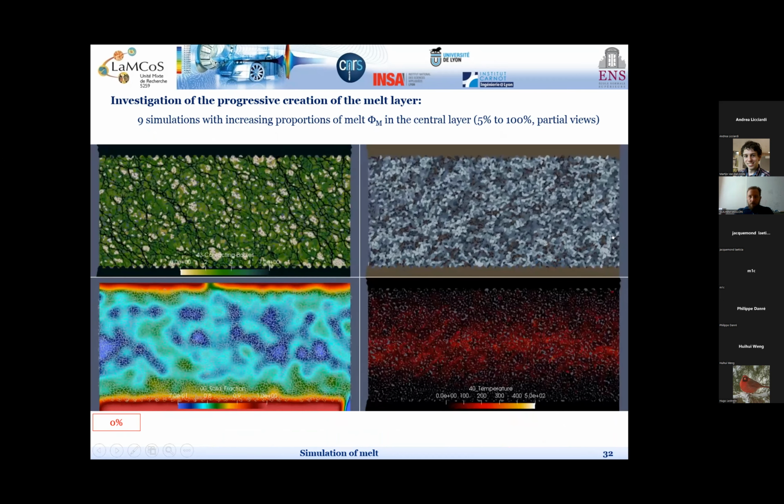And one way to explain this is that when there are some molten grains, they tend to lubricate the contact between the rigid grains here. For example, this grain here is lubricating the contacts between all the rigid grains surrounding it. And this leads to a reduction of the contribution of the Coulomb dissipation.